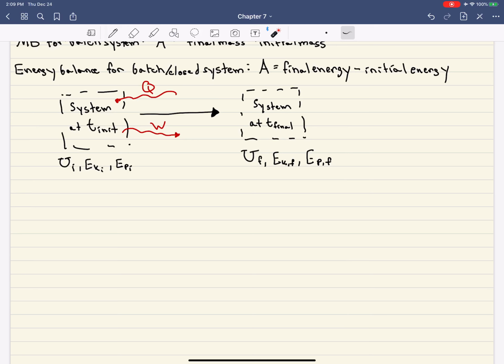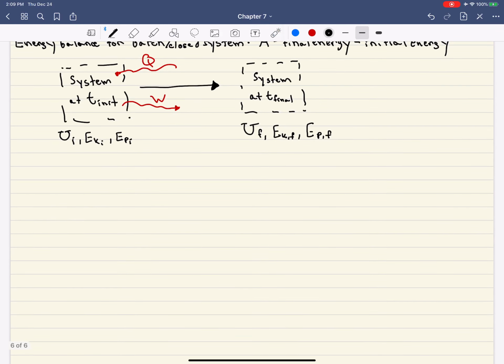And so with this system in mind, let's now consider the energy balance. And so we start with A, accumulation. It's just the difference between the final energy and the initial energy. Okay? And so the final energy in our system is just going to be the sum of the internal energy plus the kinetic energy plus the potential energy.